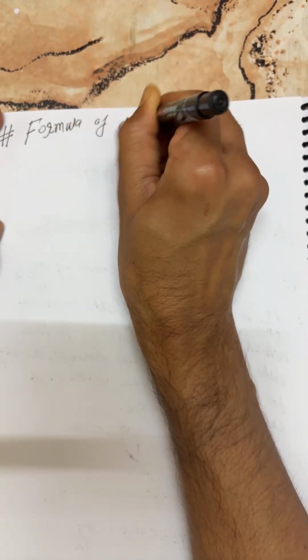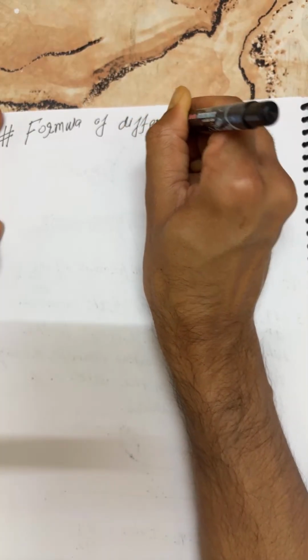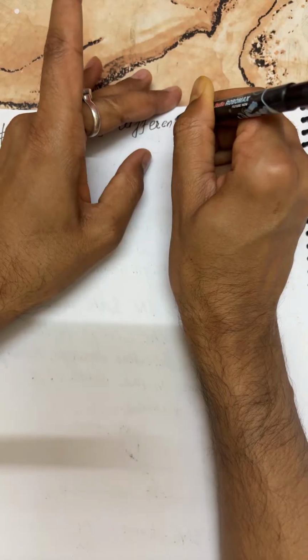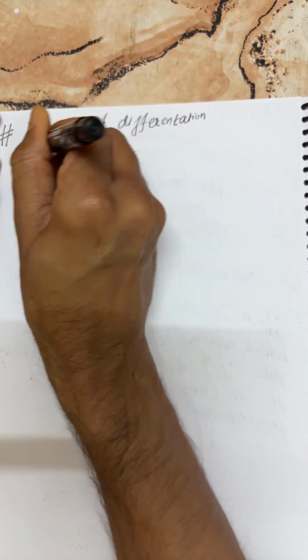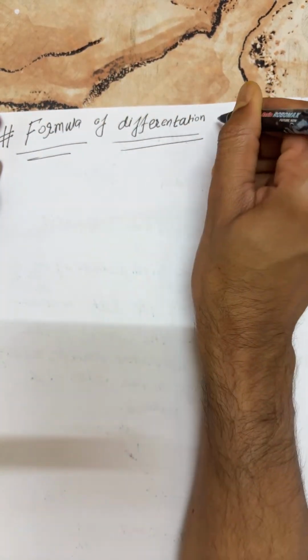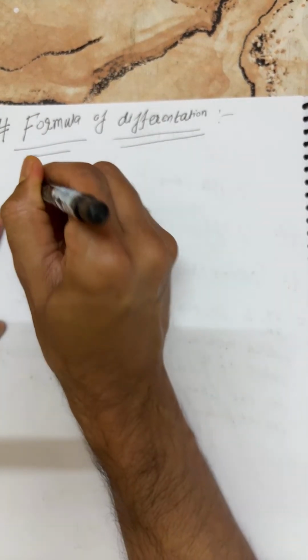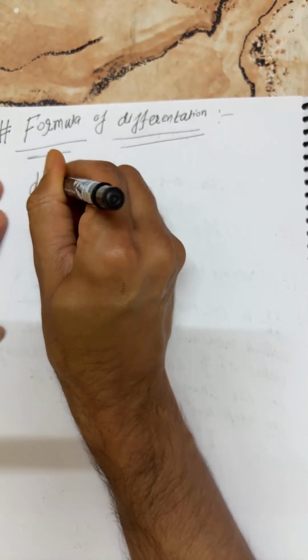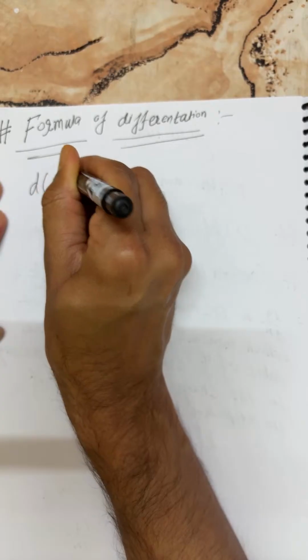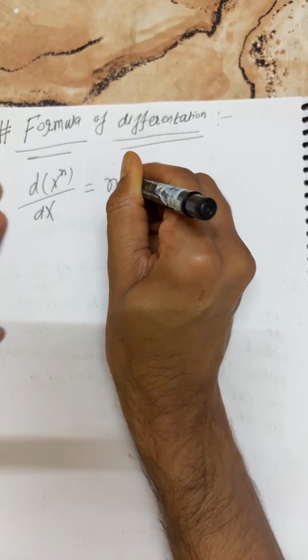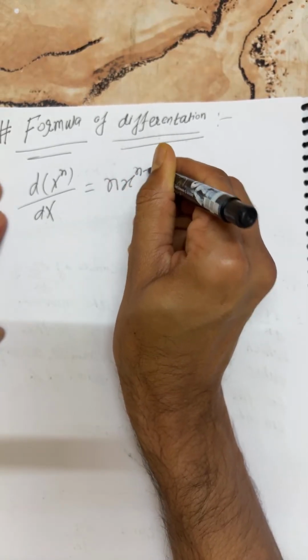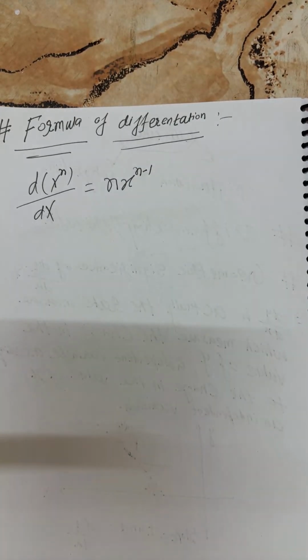The first formula is d of x to the power n upon dx equals n into x to the power n minus 1. Yes, my dear, this is a formula which you can keep in your mind.